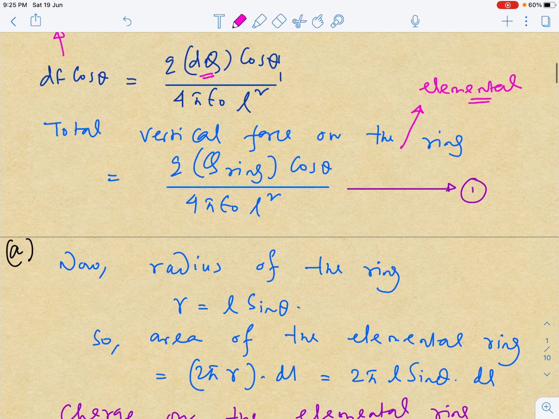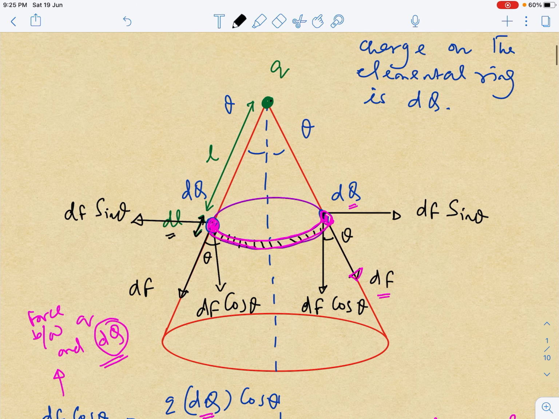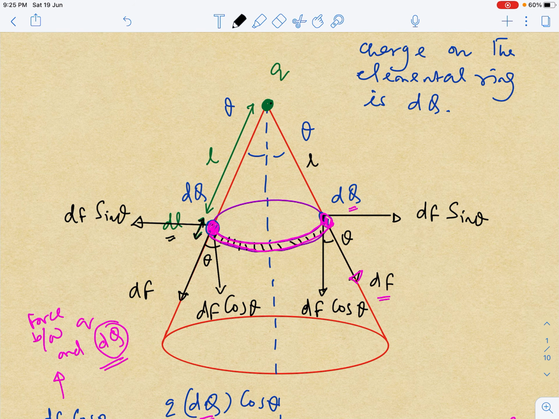Here I will mention that this q ring factor, whatever you are seeing here, is nothing but the charge on the elemental ring. All right, this is clear to you. So this is the total vertical force acting on the elemental ring, correct? Now you see from this diagram, this I have taken to be L.